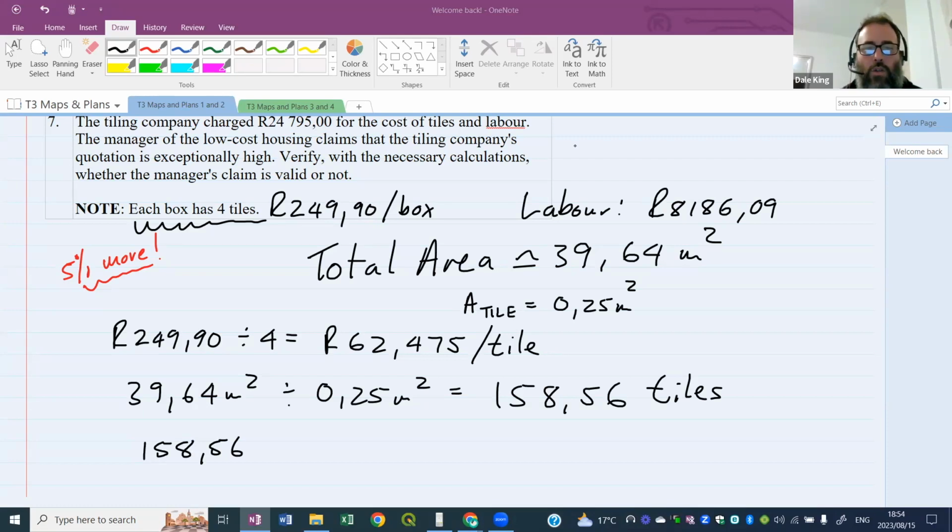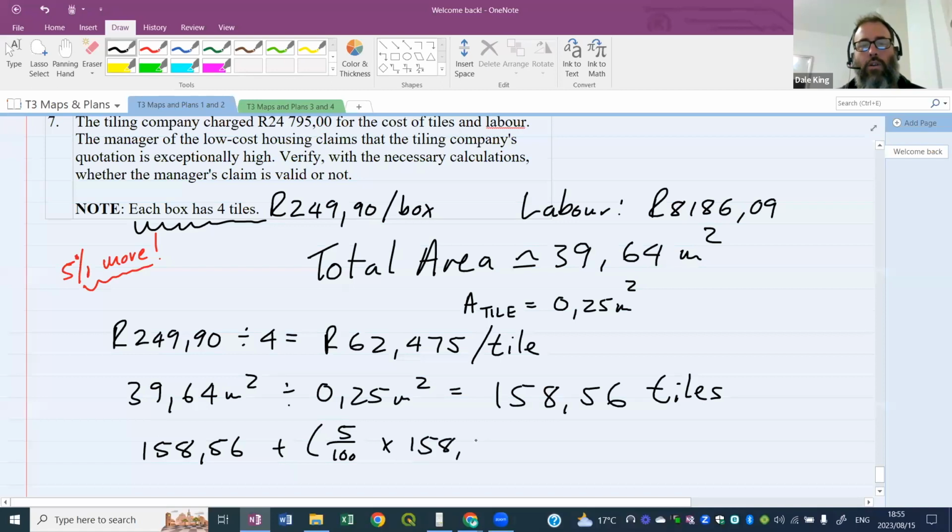Okay, so you can do the two-step calculation or the one-step calculation like I taught you right in the beginning. It's up to you. So you can either say 158.56 plus 5% times 158.56.